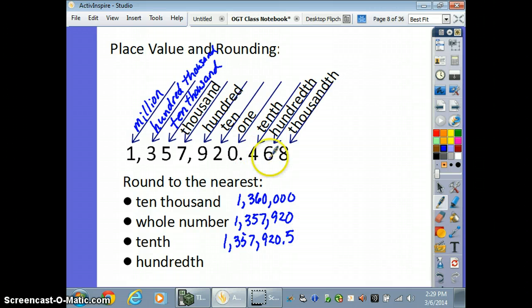And hundredths, the 8 will force the 6 to bump up. So it's 1,357,920 and 47 hundredths.